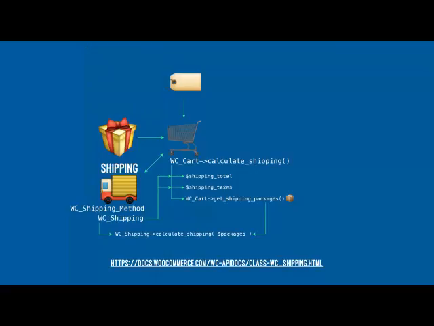This gets quite confusing, and really I could do a 40-minute talk just on how WC shipping works and how shipping is calculated in WooCommerce, but this is the fundamentals. What happens is the cart calls calculate shipping, that calls shipping, calculate shipping, that sets its own shipping total and shipping taxes, and it also passes that data back to the cart, which then sets two properties on itself, shipping total and shipping taxes.